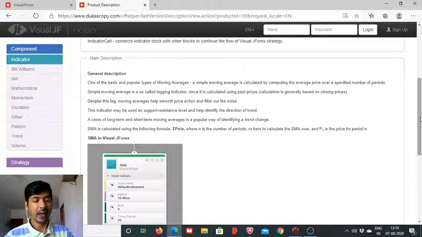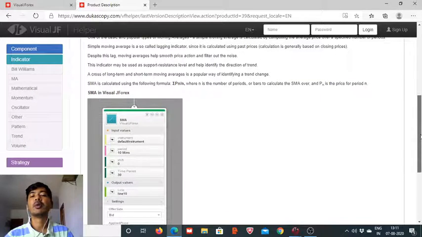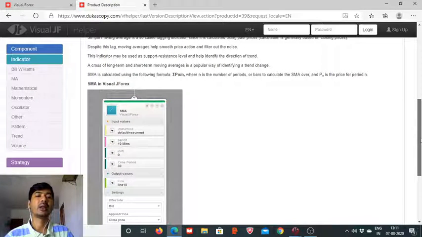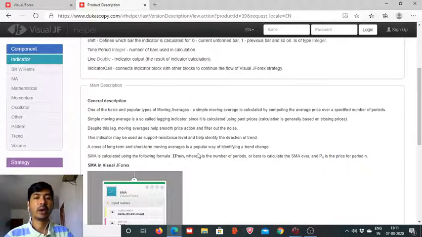It has a lag because it's simply taking into account the average prices, but even so, it's still used extensively in trading, and it's one of the most commonly used indicators in the trading system. So here you can see this SMA block on the Visual JForex board. We will see its utility and its functions, and I hope you have got the point.